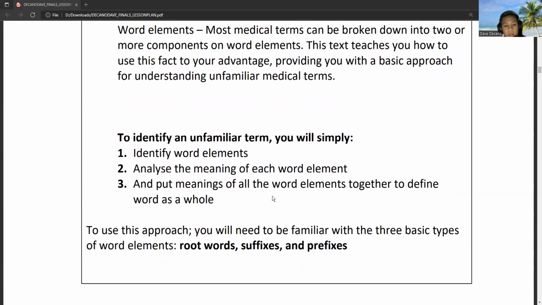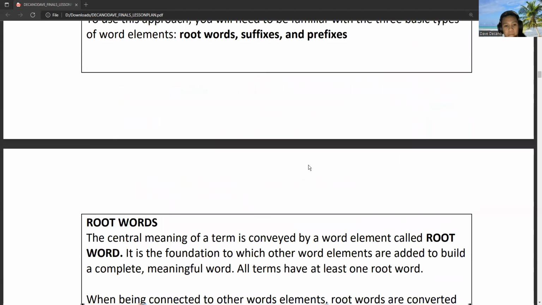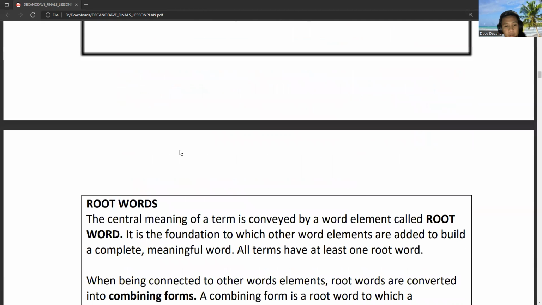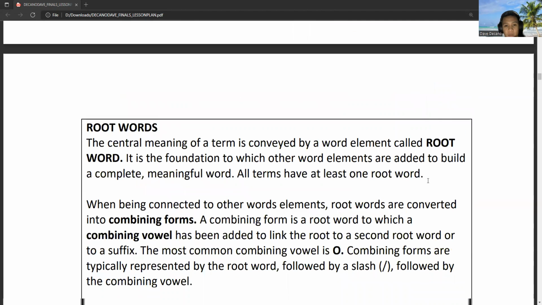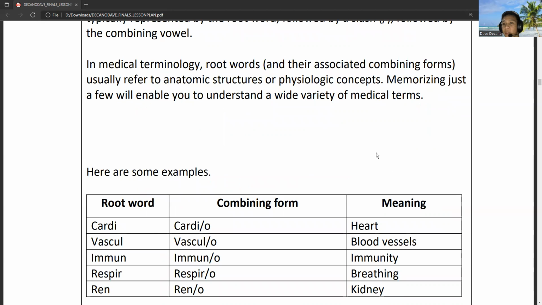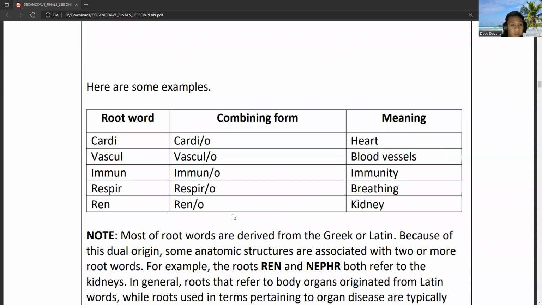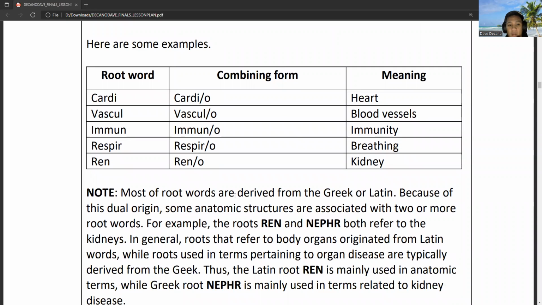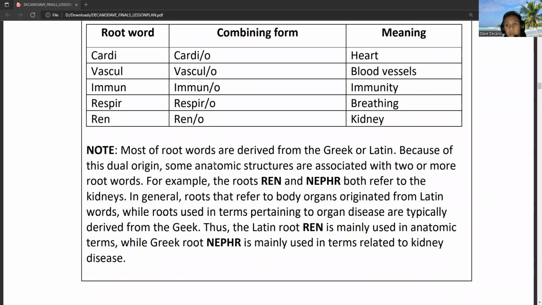The sub-objectives also include the root words, and providing some examples to the students. Here are some tips and notes that will be used for the future building of words.